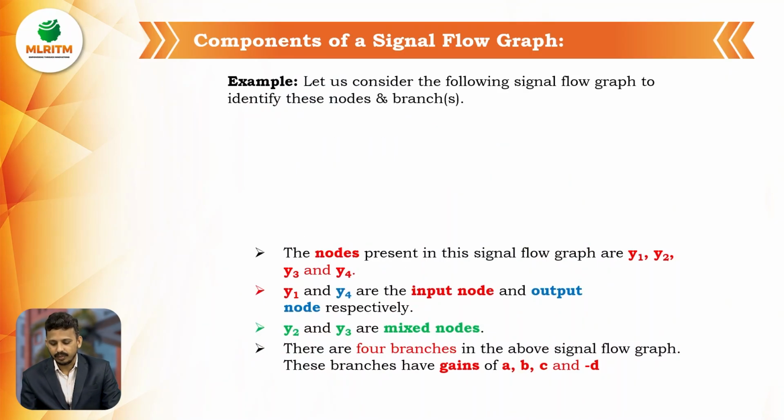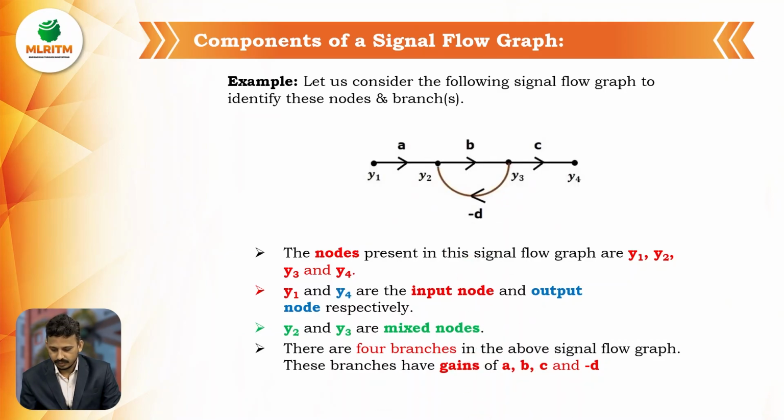Components of a signal flow graph. Let us consider the following signal flow graph. Identify the nodes and branches. See here, y1, y2, y3 and y4 are the nodes.